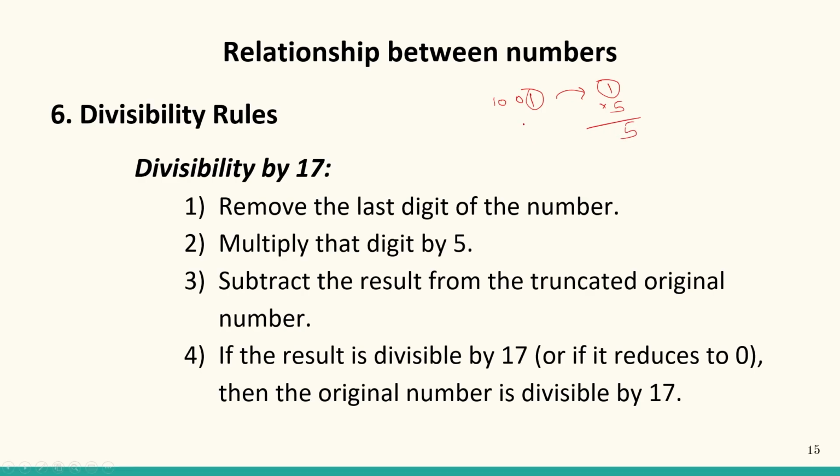Then we subtract the result from the truncated original number. The truncated original number is this, from which we have removed 1. So 100 minus 5, what we are left with is 95. If the result is divisible by 17, or if it reduces to 0, then the original number is divisible by 17. So what we need to see is whether this number is divisible by 17 or not.